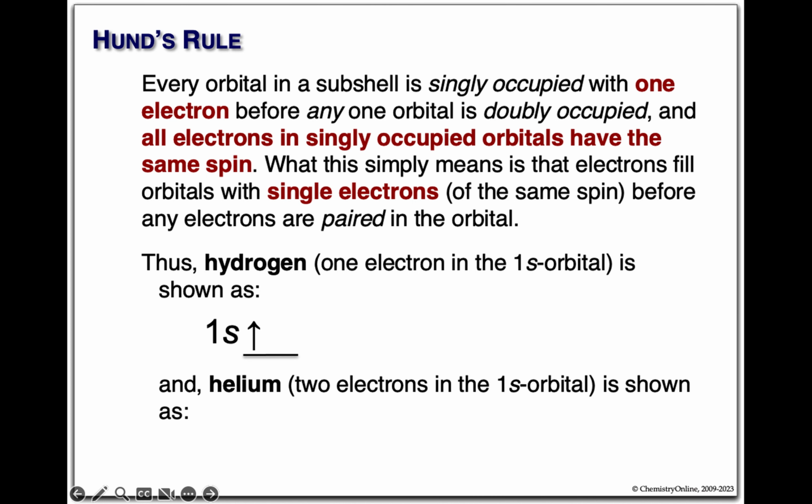It must be added down. 1s1, 1s2. Now, the nomenclature that we're going to do on exams is simply going to be 1s1, 1s2, and so on. Okay? We're not going to do the up and downs on exams. But it might help you with the tutorials.